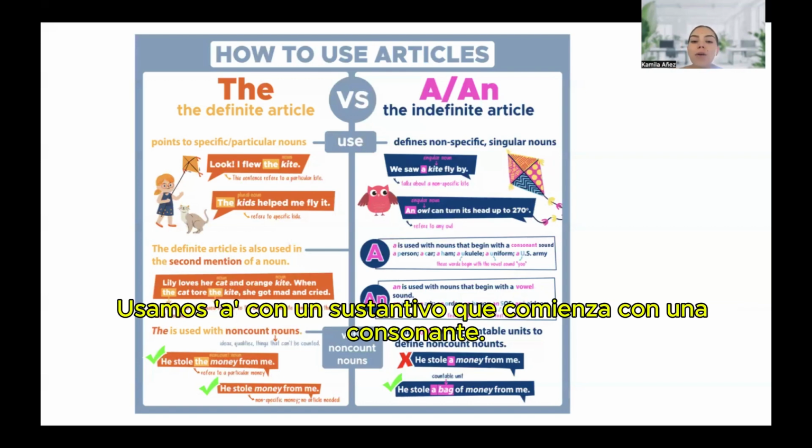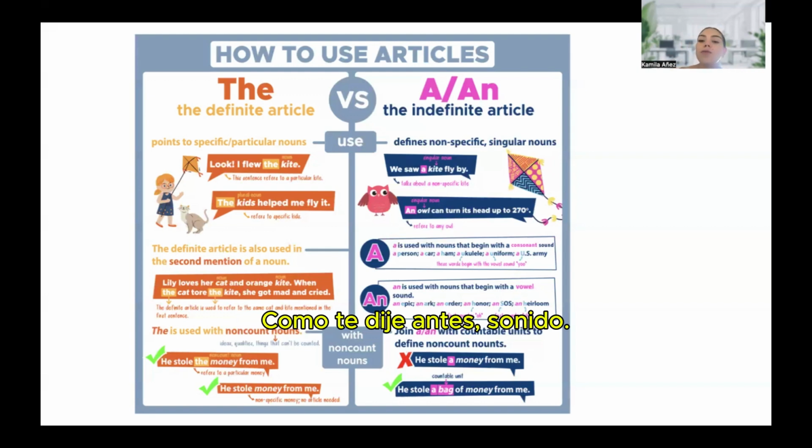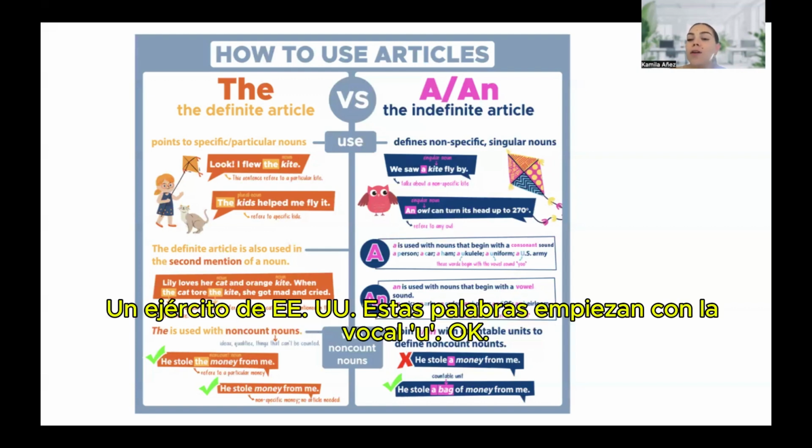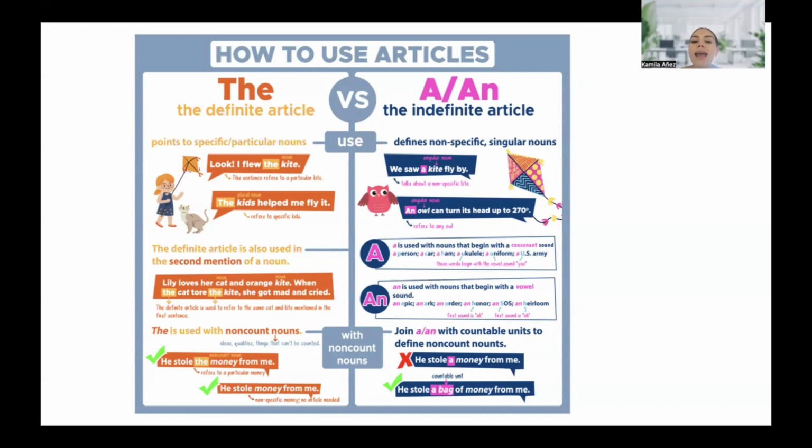Okay. "A", we use it with nouns that begin with a consonant sound, as I told you before. A person, a car, a jam, a ukulele, a uniform, a U.S. Army. These words begin with the vowel letter U but a consonant sound. And "an" is used with nouns that begin with a vowel sound.